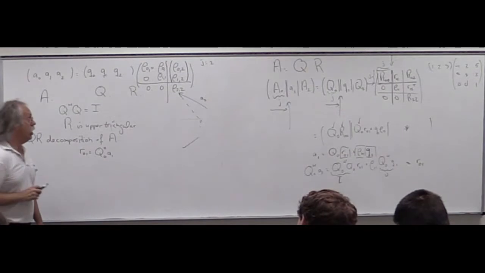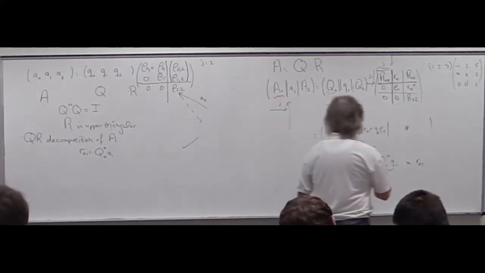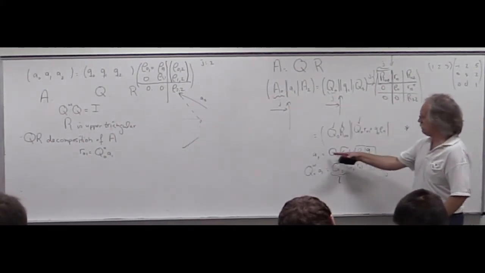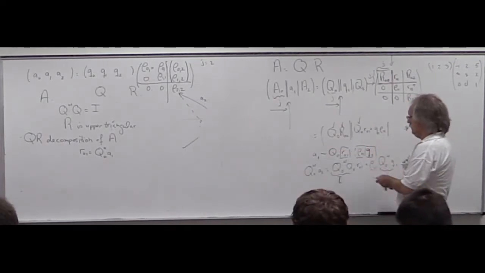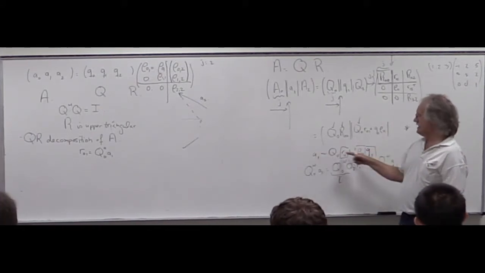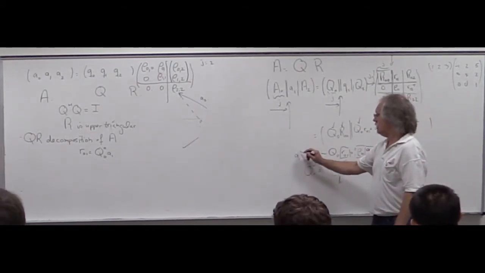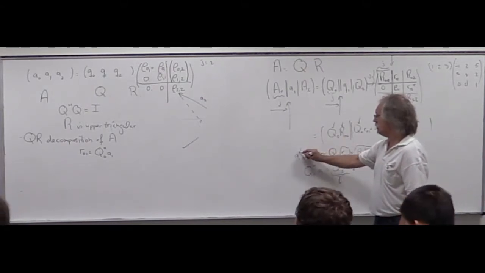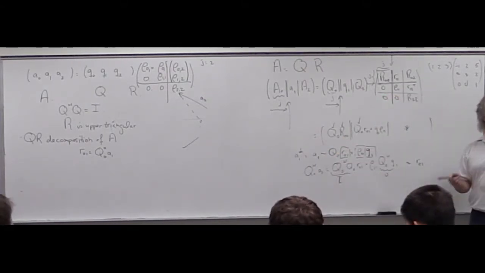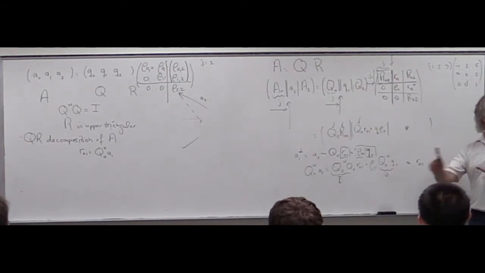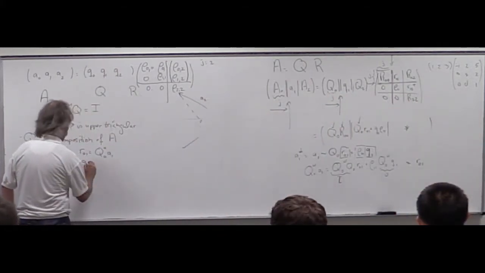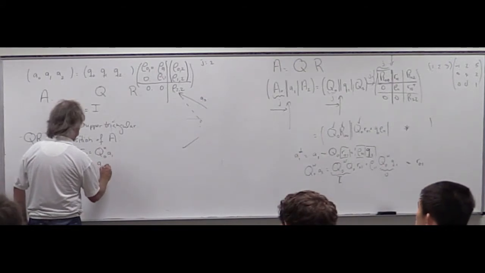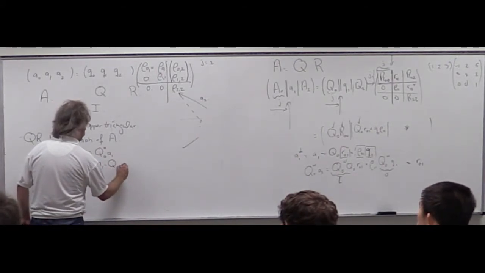Fair enough? Once we know what that is, we can subtract this off of both sides. And what is that? That is A1 perpendicular. It's the component perpendicular to the columns of Q0. At which point we can say, okay, A1 perp is equal to A1 minus Q0 times R0,1.